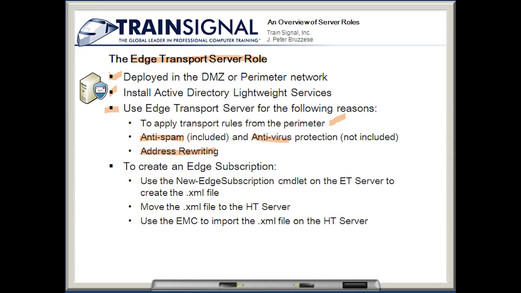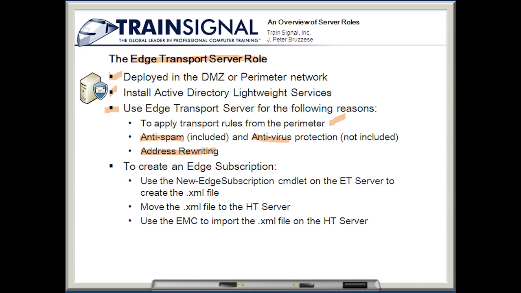This is really good for newly merged organizations. There may be several domains and you want to provide a consistent appearance of email addresses for those external recipients, but on the inside you may still have a mixed version of SMTP addresses and domains because you're still dealing with working out the merger and working out the configuration from the merger. So address rewriting is another great feature on the Edge Transport Server role.